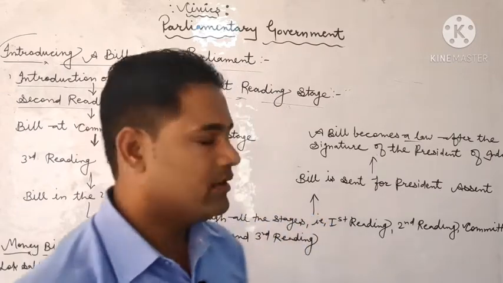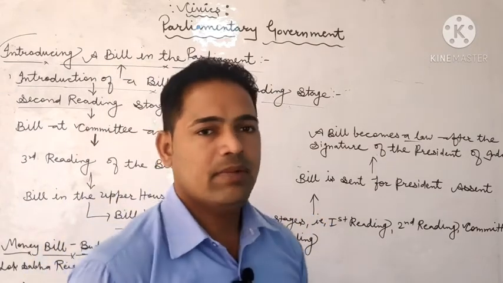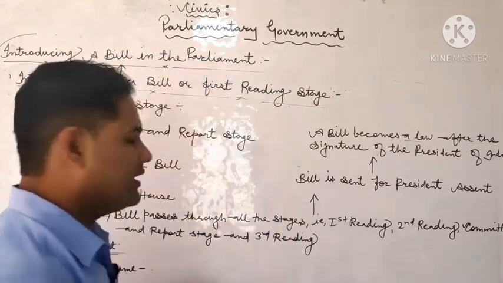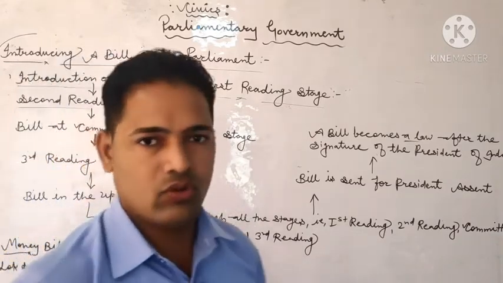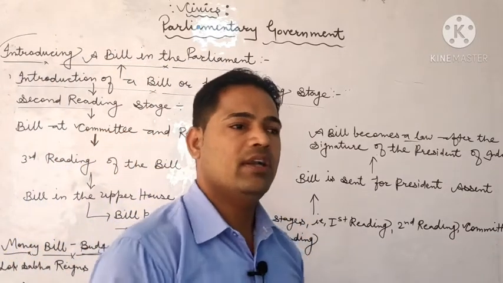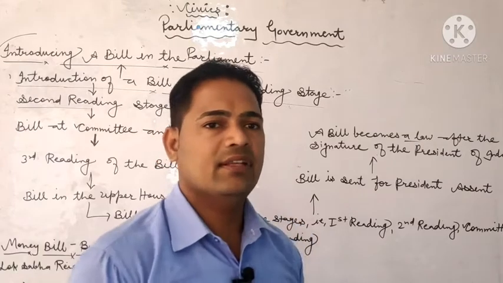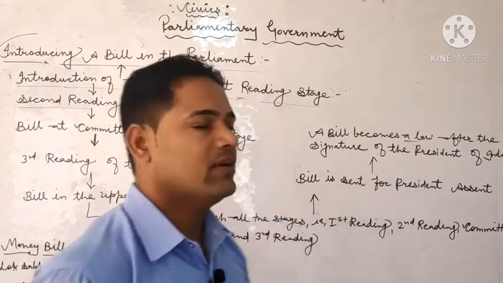We can send it to the Rajya Sabha also, but if the Rajya Sabha does not agree, the money bill is not going to be held. No. The Rajya Sabha can hold it only for 14 days. After that, automatically the Lok Sabha is going to work on the money bill.